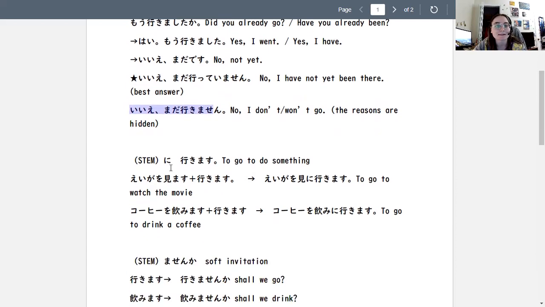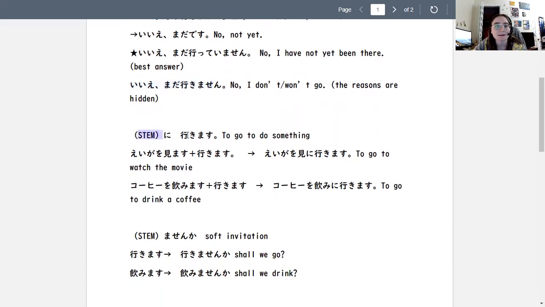And then this next concept, it says stem ni ikimasu. So to go to do something. So for this example, the stem would be this part. This part is the stem because it's what you're focusing on. So eiga, which is movie, o mimasu.